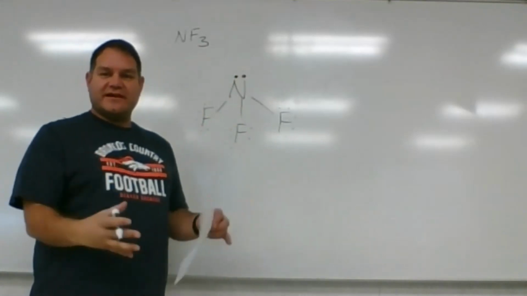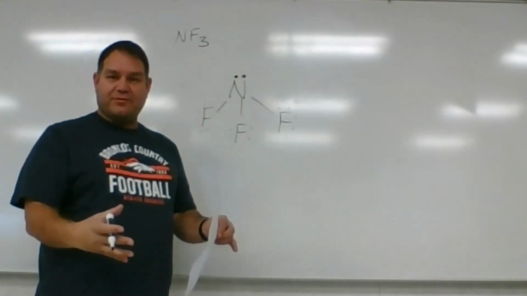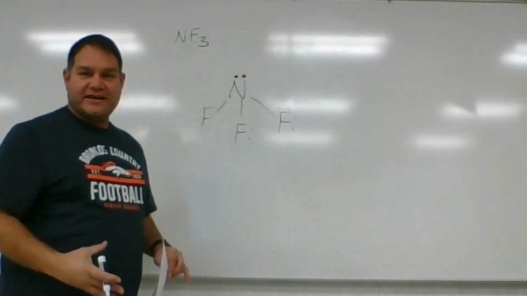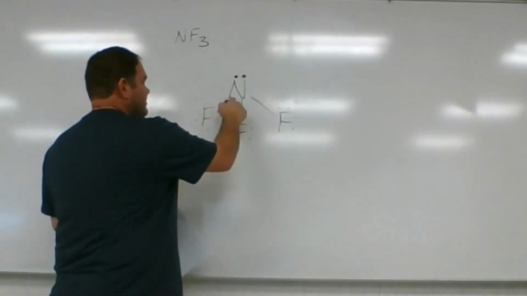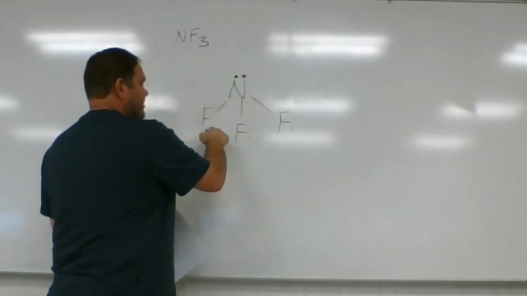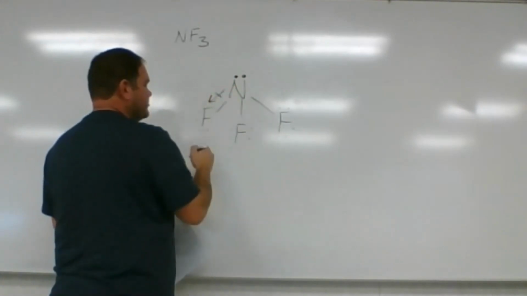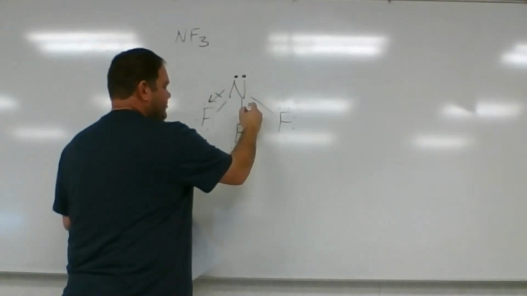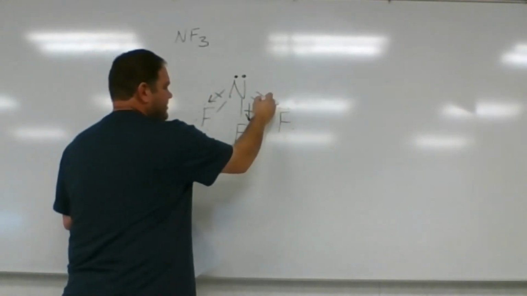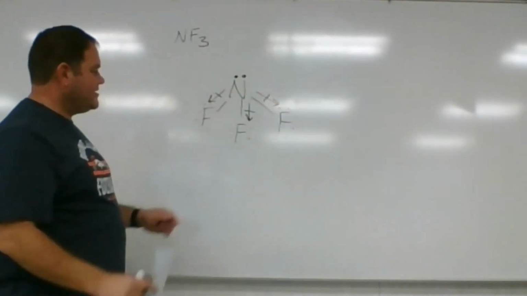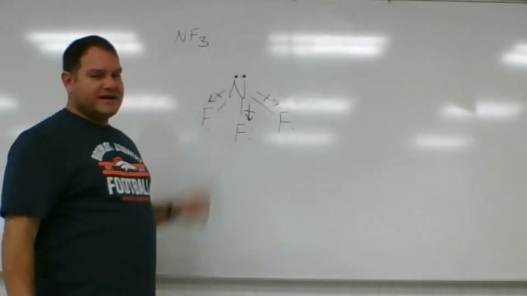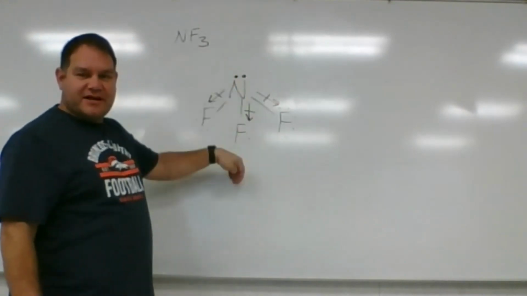Now let's look at the dipoles as I draw on the arrows. Fluorine is more electronegative than nitrogen, so we have a dipole towards each of the fluorines.